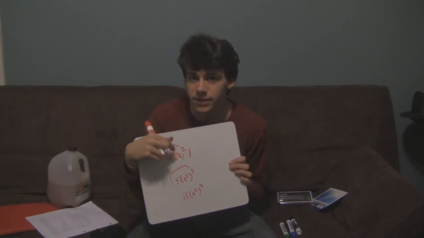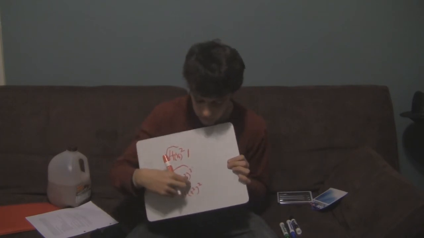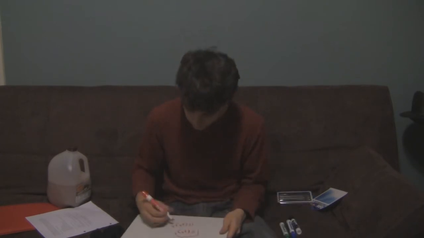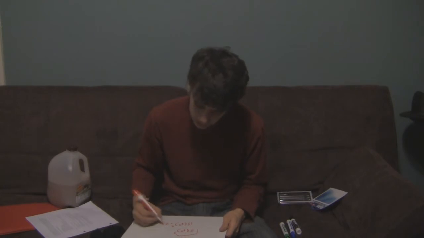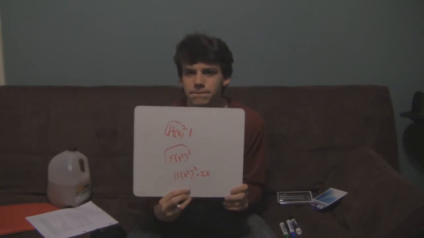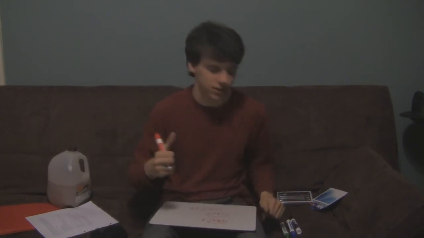You don't really have to do this up here because it's a power rule, but here you just find the derivative of the inside and times it by that, which is 2x. So you just add the derivative at the end. Okay? Good explanation. Good job, Dylan.